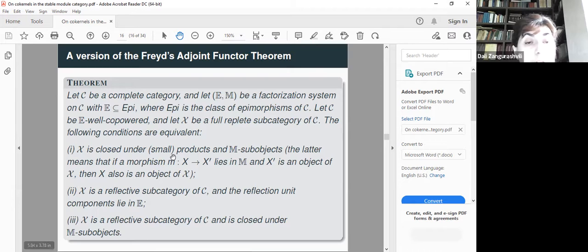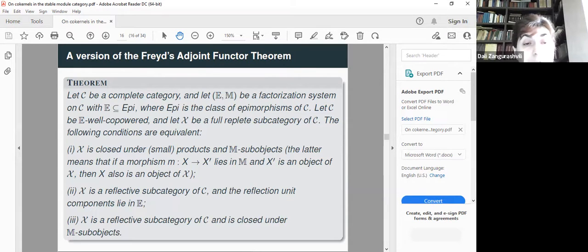The following conditions are equivalent. The first condition: X is closed under small products and M-subobjects. By the latter, I mean that if we have a morphism from X to X prime which lies in M, and X prime is an object of X, then X is also an object of our subcategory.